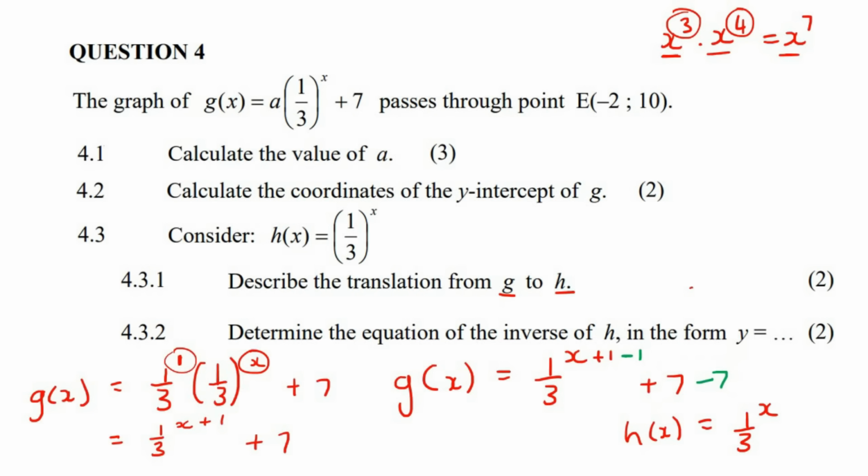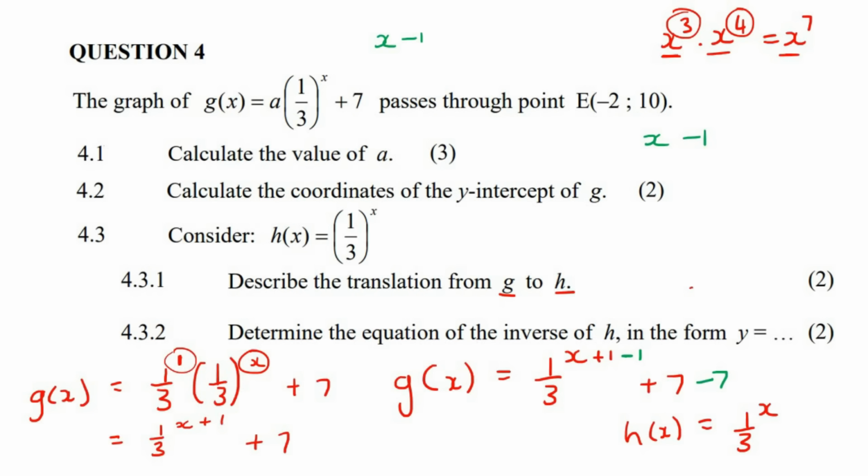So ask yourself, what did we just do? Well, if you put a -1 next to an x, like if you say x minus 1, that moves the graph either left or right. Can you remember which one it is? If you have x minus 1, that moves the graph one place to the right. Because remember, when you're dealing with x's, it's opposite.